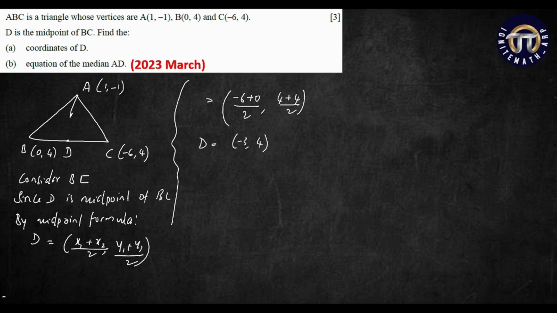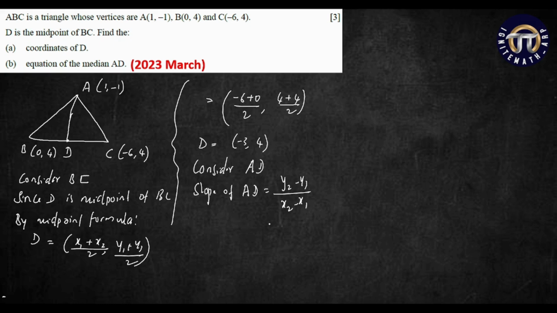Later, the equation of median AD. AD is the median, obviously, if D is the midpoint. So consider AD. I need to find the slope of AD first of all. The slope of AD is equal to (y2 minus y1)/(x2 minus x1). These all are formulas, children, whatever I am writing. Don't get confused between x1, x2 and y1, y2.